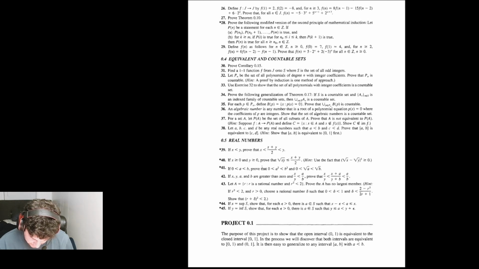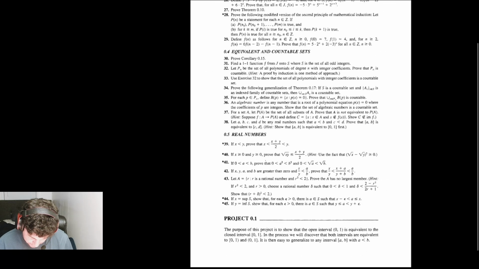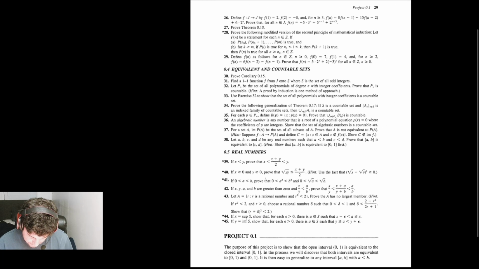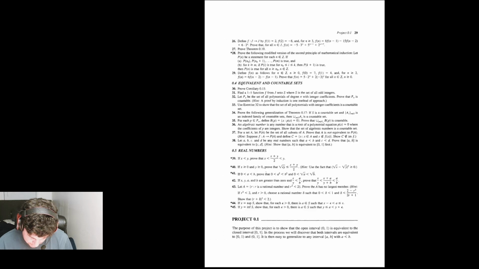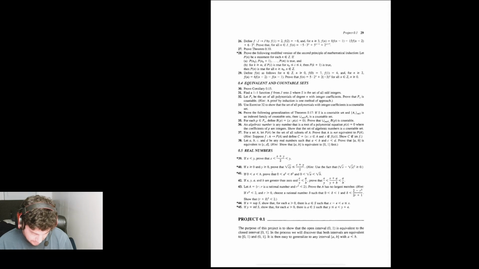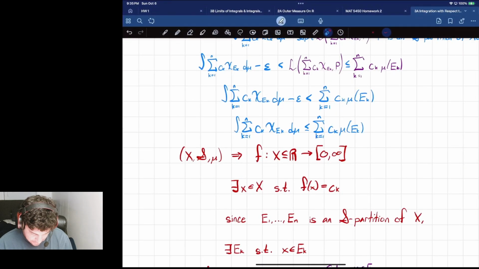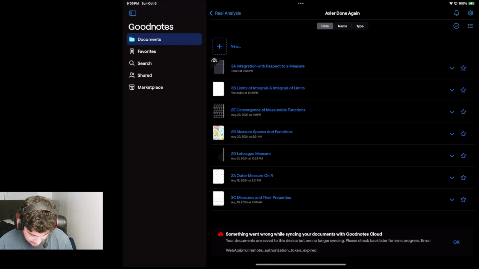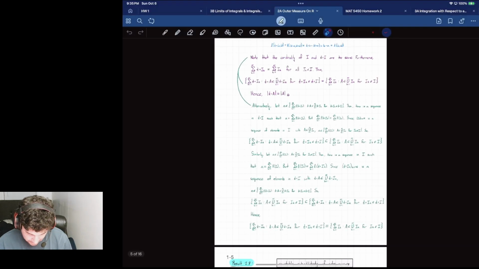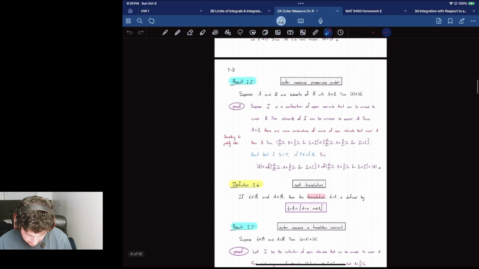Okay. There has to be one that says for every epsilon. Where did I see it? I know that's a thing. It has to be. I think I wrote it in my 2A notes. Where is it at?